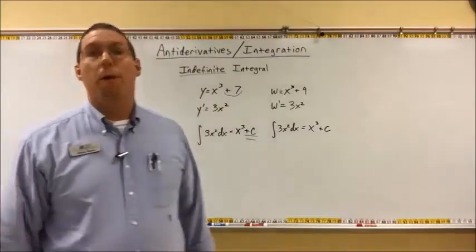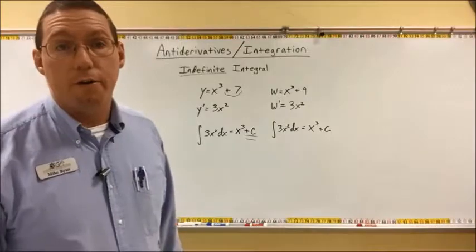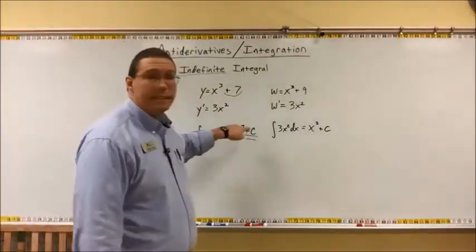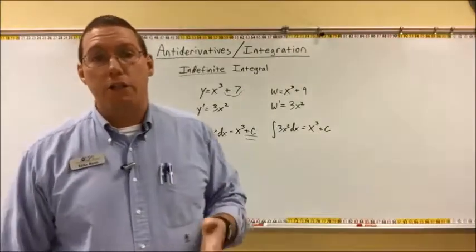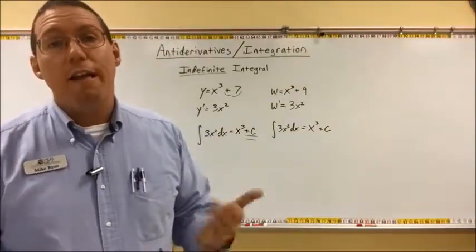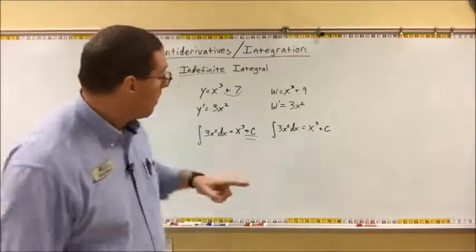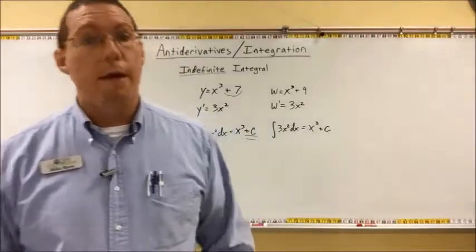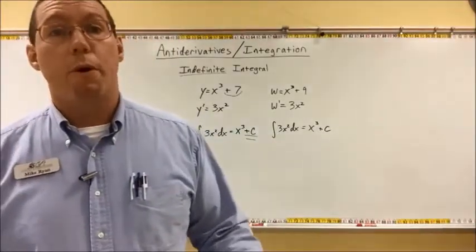One of the reasons it's called an indefinite integral is because the antiderivative itself is not definite. It's not actually a function. It is a family of functions. There are an infinite number of possibilities here. This could be x cubed plus 1, x cubed plus 2, x cubed plus 3. It could be x cubed plus 7.92.